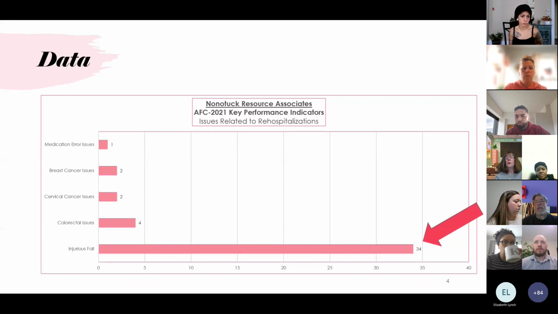So as we've continued to look, we meet every Monday to take a look at incident reports. We have an incident report team, and we go through them. And there's rarely a week that we haven't found that somebody was involved with a fall. In fact, we met on Monday, and there were 2 falls in the past 2 weeks.